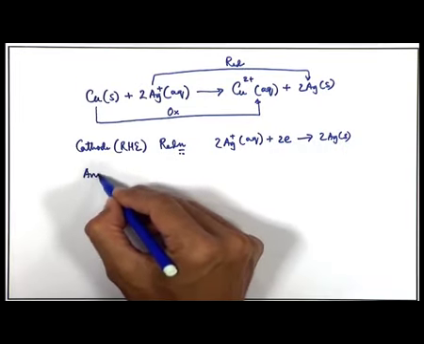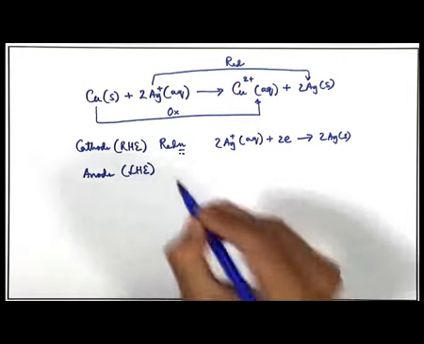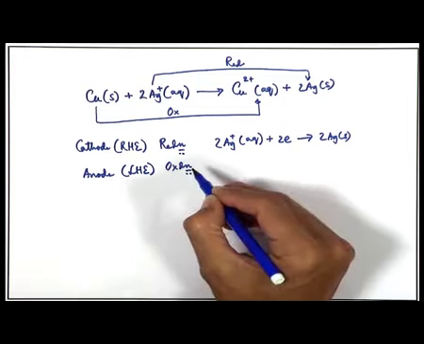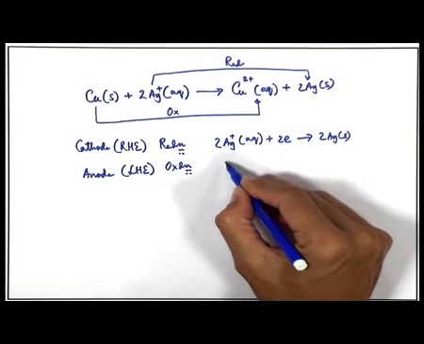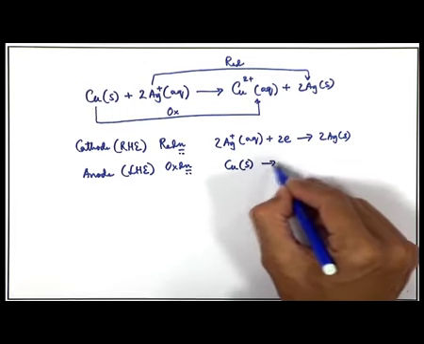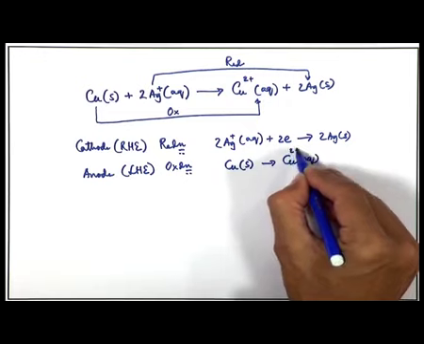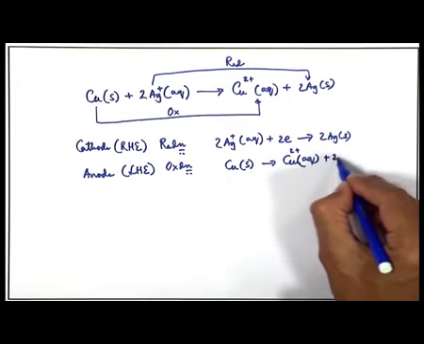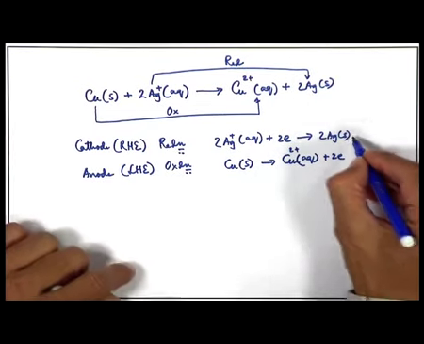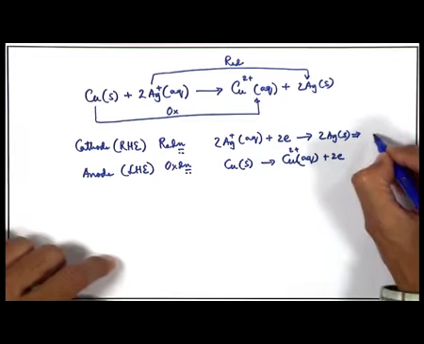At the anode, it is the left hand electrode, it is oxidation and the reaction will be Cu solid, that gives you Cu2 plus plus 2 electrons.